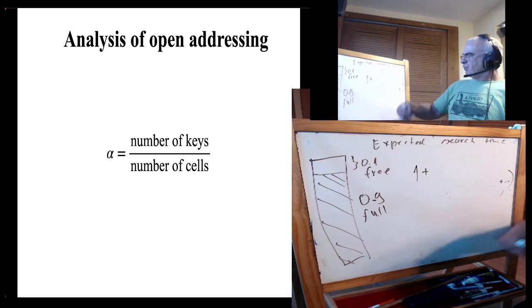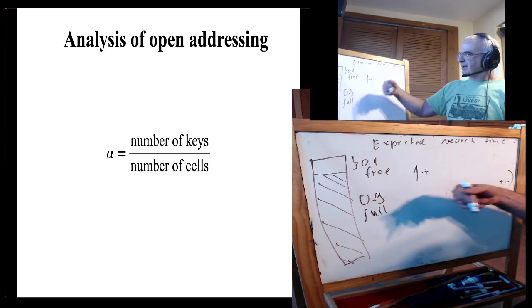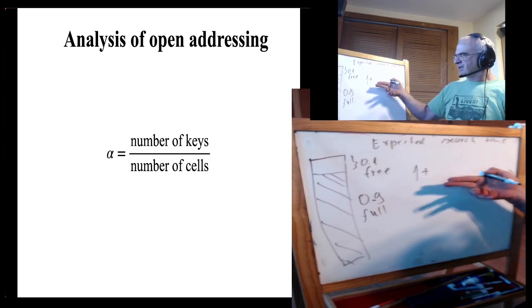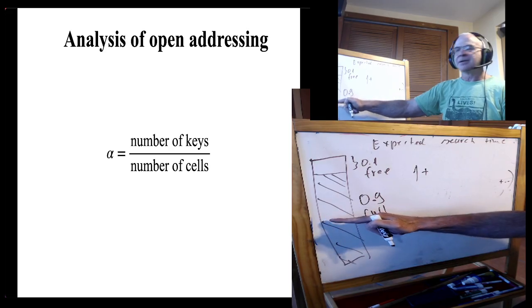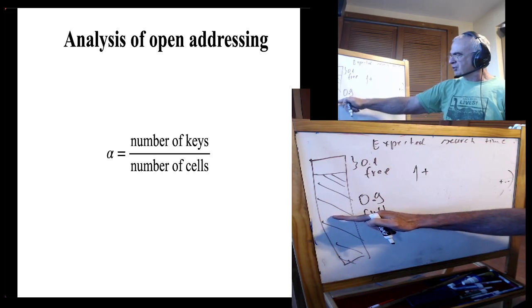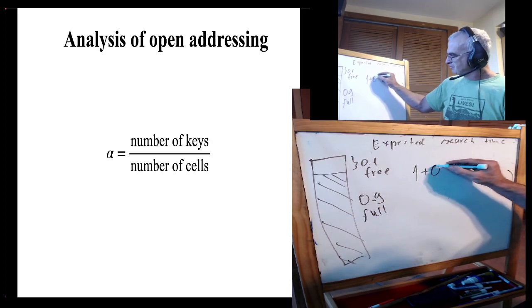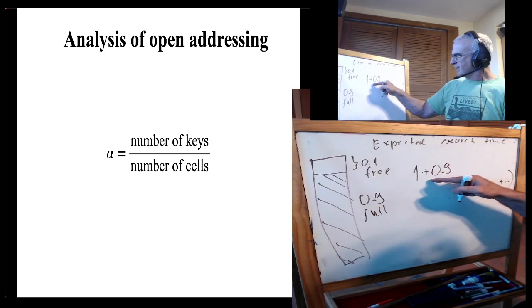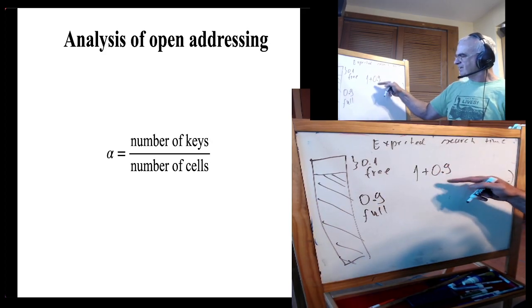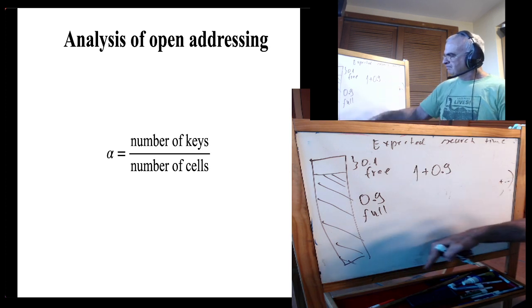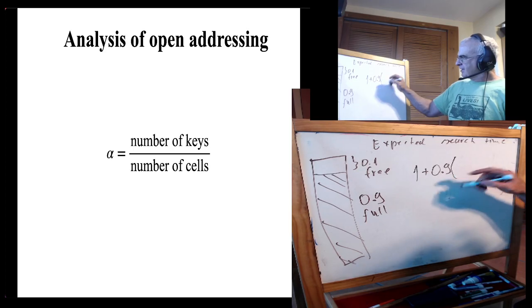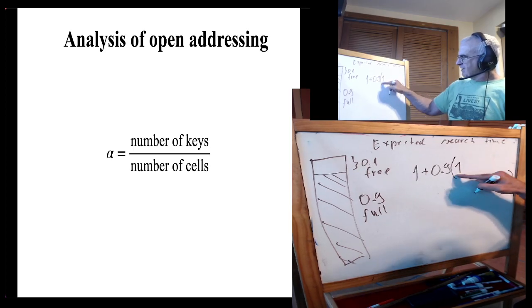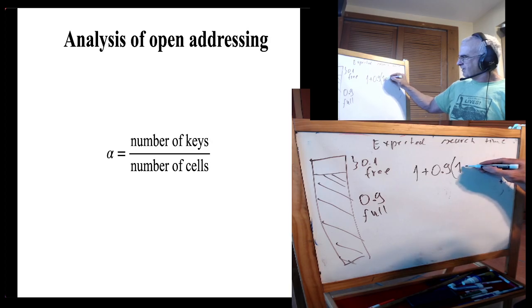So what's the chance that I'll need another probe? It happens because I hit an occupied cell in my first attempt, for which the chance is now 0.9 instead of half. Instead of 0.5, it's 0.9. And if I did need another search, here is the time that I'll spend for it, but there is a chance that I'm not done yet.